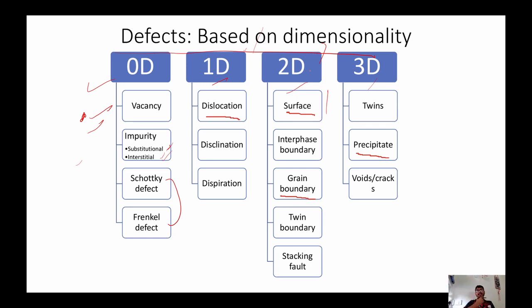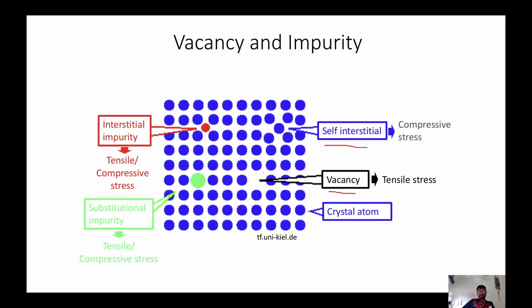And then comes the 3D defect. 3D defects are nothing but an accumulation of foreign atoms inside a crystalline structure, which we will see.